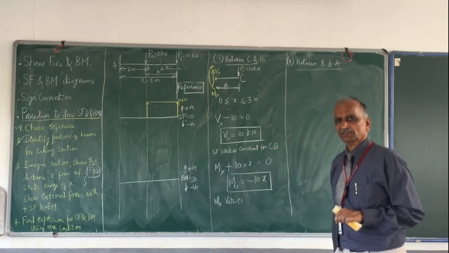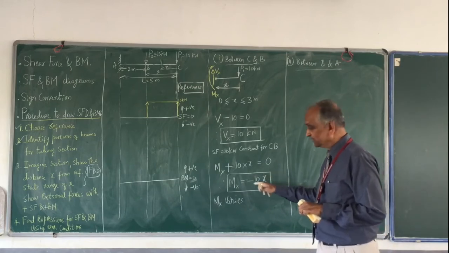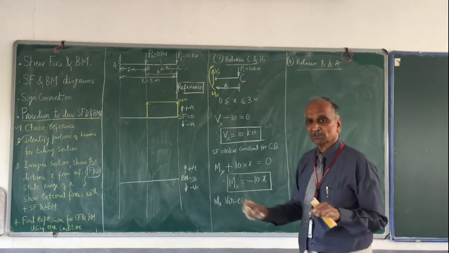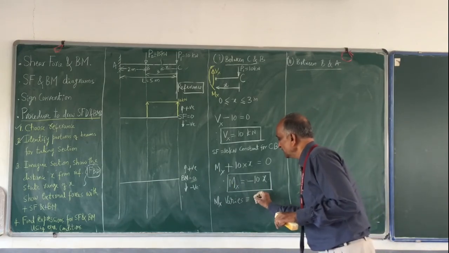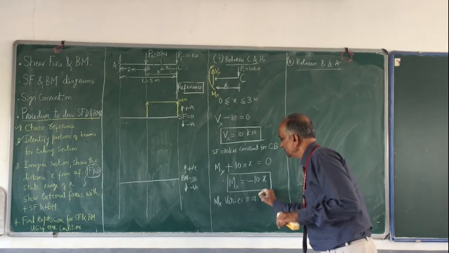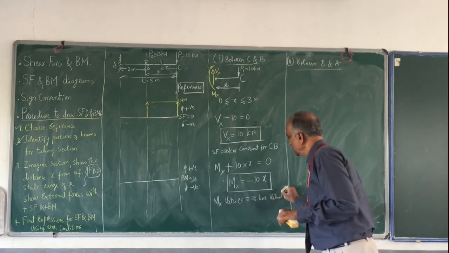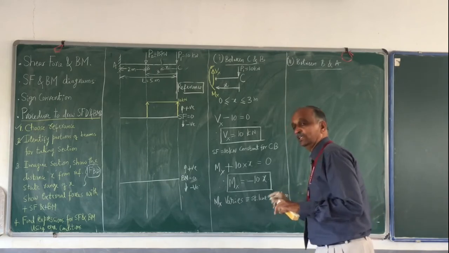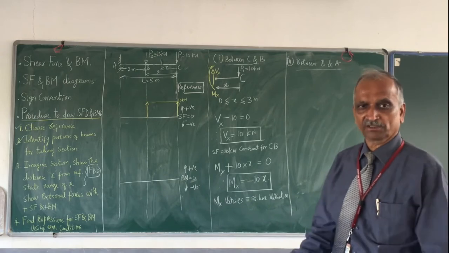Since I have x raised to 1 here, it is a linear variation, or what is called a straight line variation. When I draw the bending moment, it is going to be a straight line.